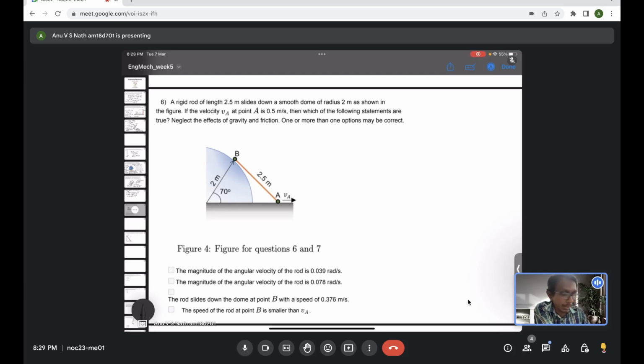But velocity vector at point B, it should be tangential to that point, right? It will not be along the length AB. It should be tangent to the circle, right? Because it's trying to move along the circle.